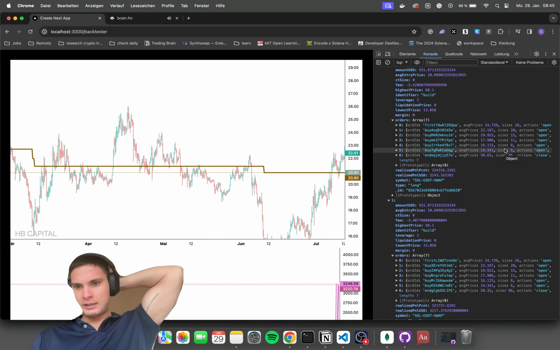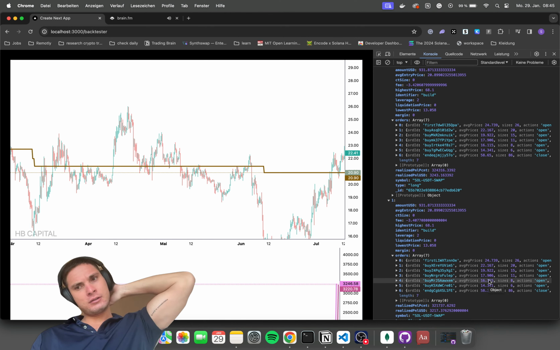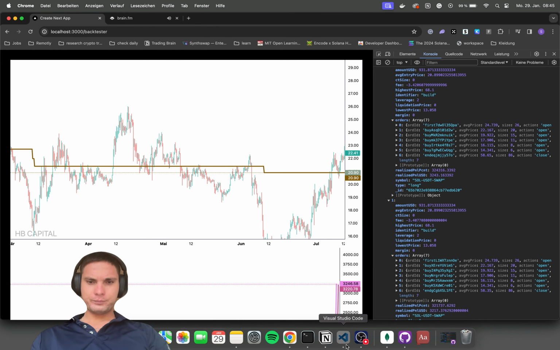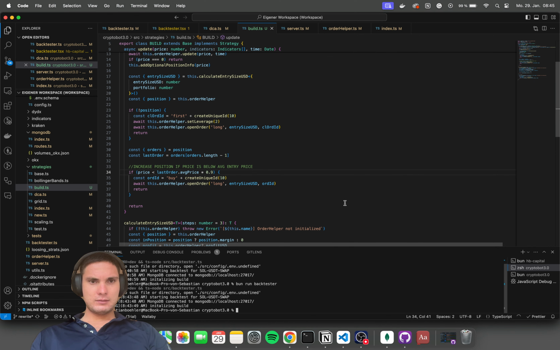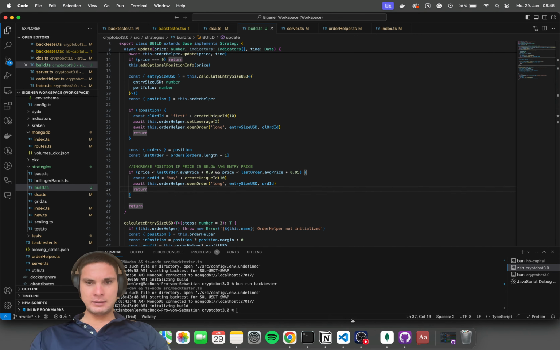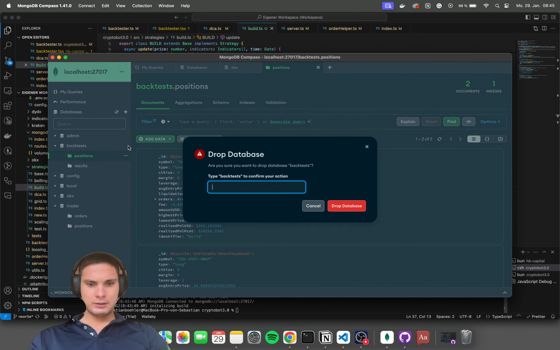No, actually, the last one is just the closing because the backtester reached its time frame end, but the average prices are all the same, which I don't get. Okay, but let's keep this. And okay, but this means we can actually reset.